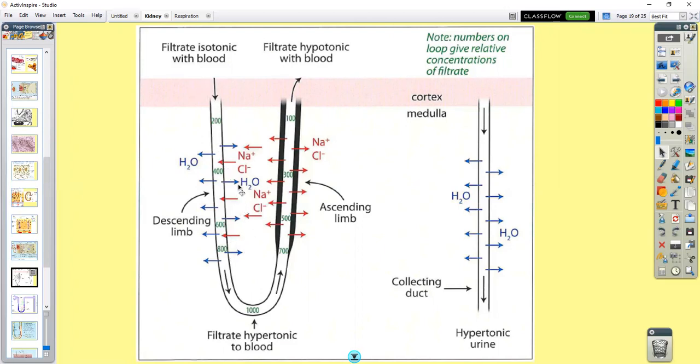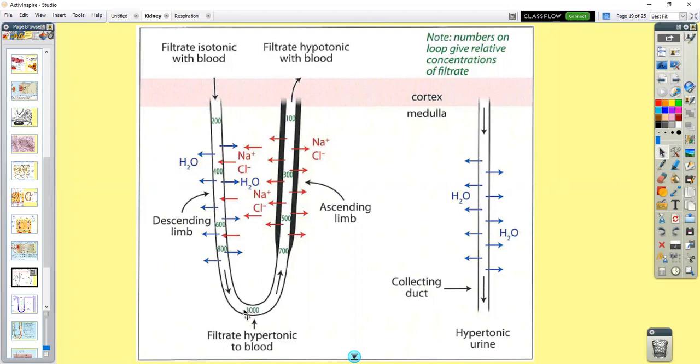As the water passes out, this filtrate becomes more concentrated. It's losing water, so therefore it's becoming more concentrated. Imagine if you had a cup of tea with a sugar in it at the top here, and then it lost some water, so you boiled some of the water off, it would become more syrupy or more sugary. So it's more concentrated.